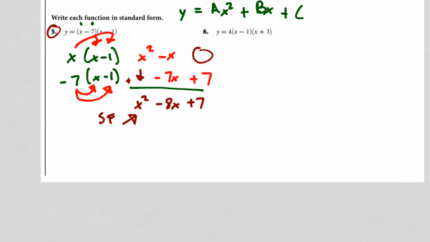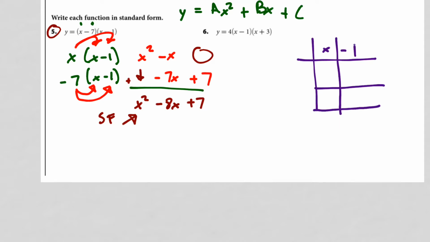So let's try another example. I did that distribution method. I'm going to do a little bit more of the grid, because I really think if you're struggling with this, this is the way to go. Foiling is prone to errors, and this way has fewer errors. So I basically set up all my things here on the side.